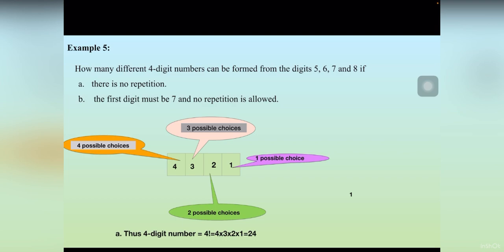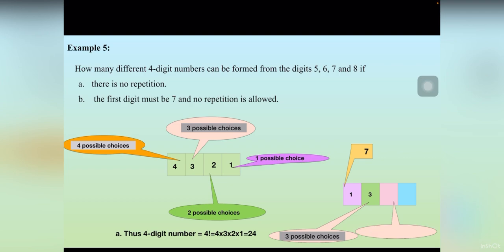Now we go to answer part B. The first digit must be 7 and no repetition is allowed. The first digit must be fixed to 7. If it is 7, we still have 5, 6, and 8, so the second box has 3 possible choices.